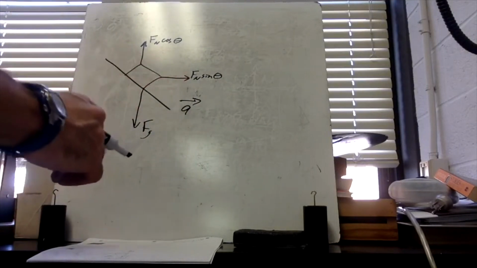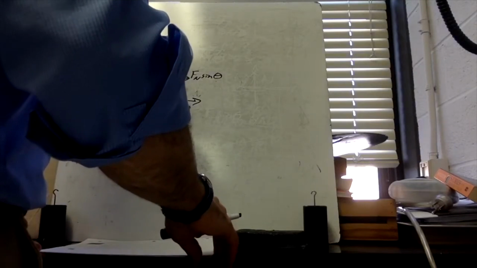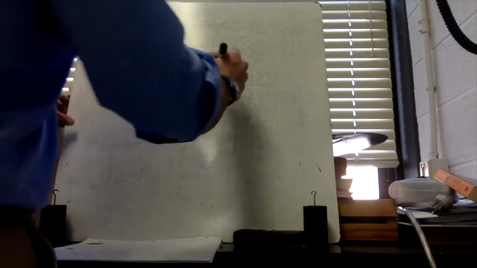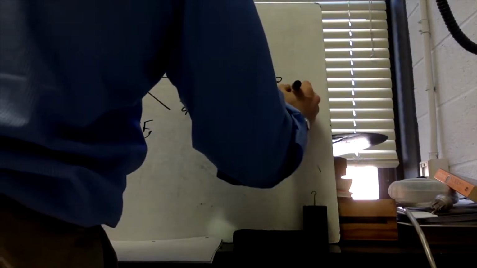Now, what is this here? Keep in mind that Fn is Fg divided by cosine theta. And so then this ends up being Fg tangent of theta, and this is the centripetal force.